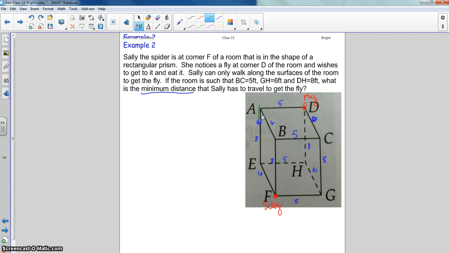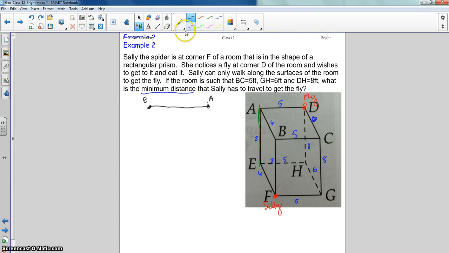So I'm going to cut along AE for sure. So that's going to be the top of my two-dimensional figure. So here's AE. And I would cut it so that E is over here and A is over here.